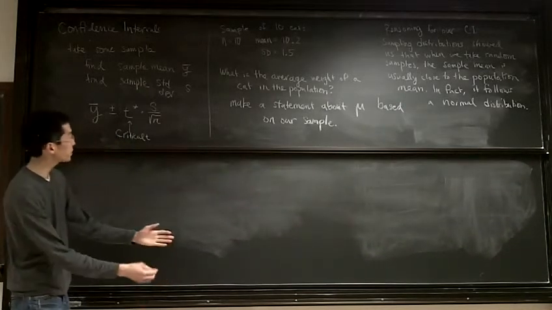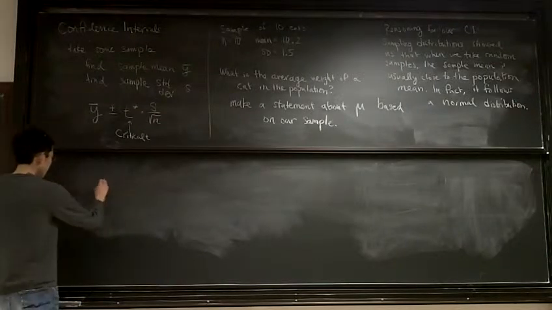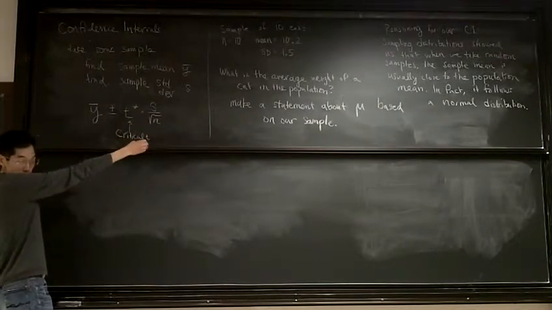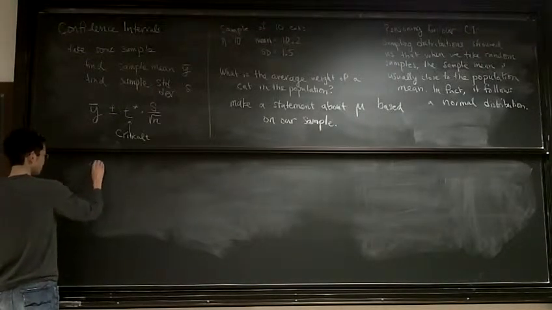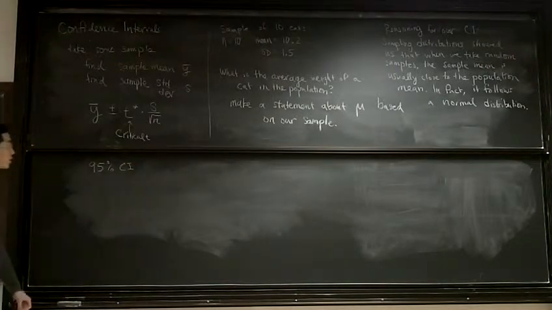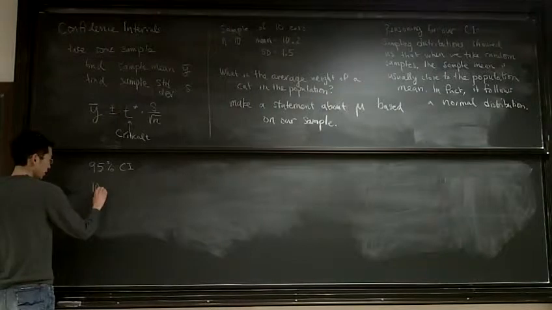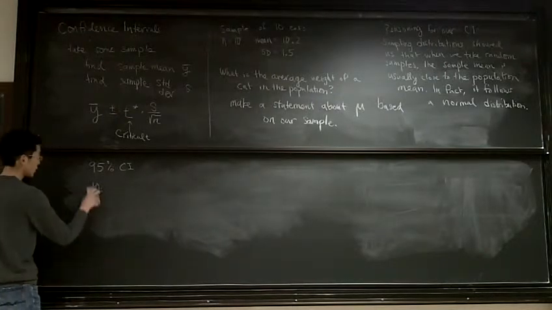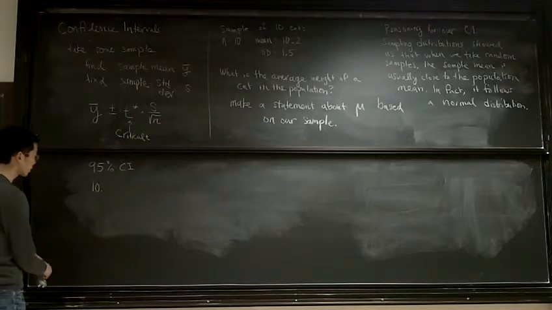So in this case, maybe we'll make a 95% confidence interval. Here again the formula is y bar plus or minus t star times s over the square root of n.